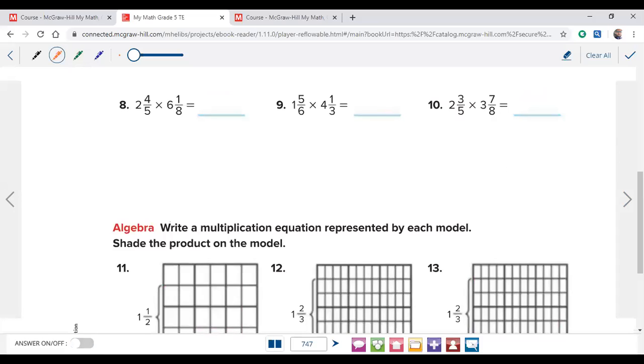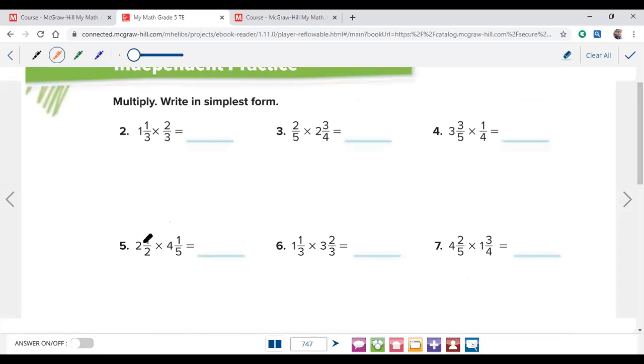See, if you have yesterday's examples like this, the answer will be what? Who can start with me? Okay, this is a mixed number, change it to an improper fraction.